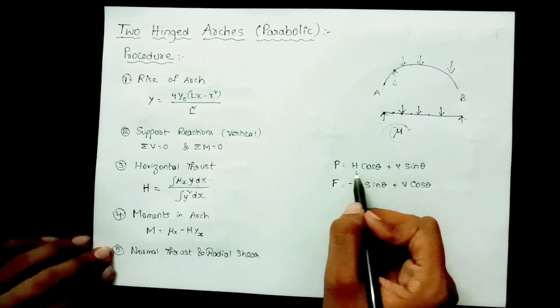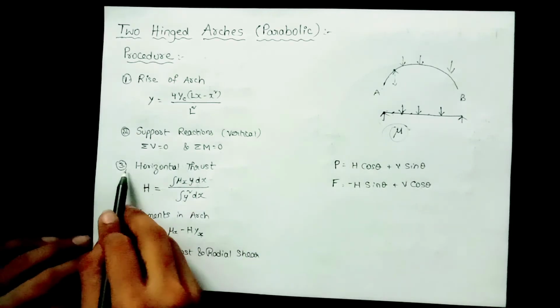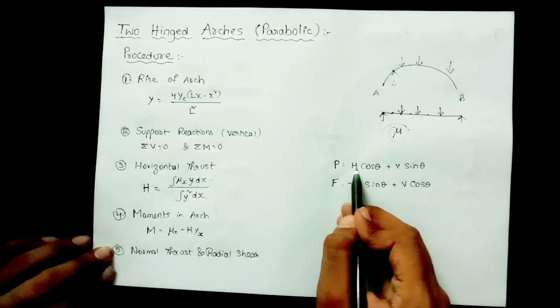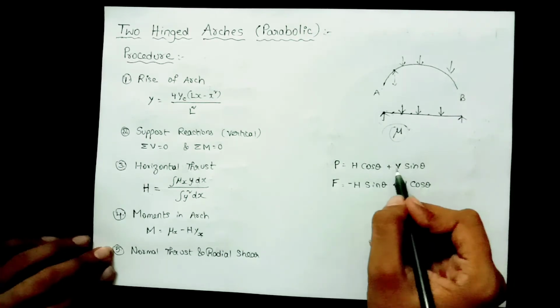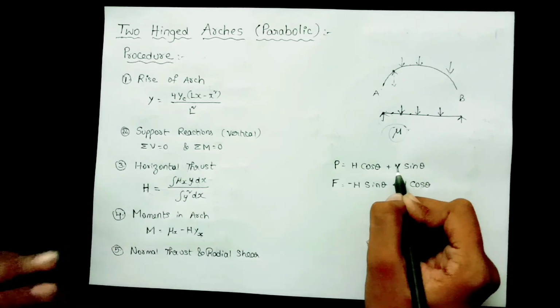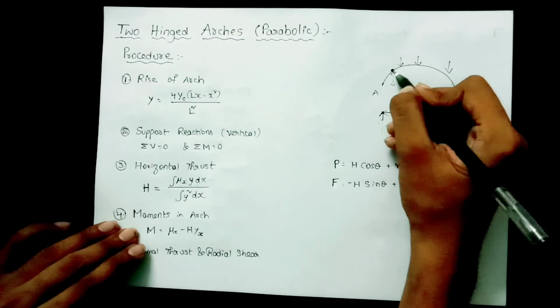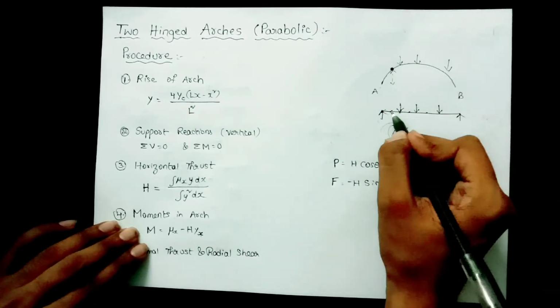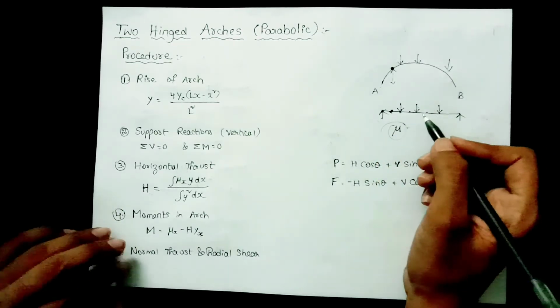In these two formulas, we know the value of H, which is the horizontal thrust obtained from the third step. Coming to the value of V, this is nothing but the shear at the point where we are calculating the normal thrust. For example, if you want to calculate the normal thrust at this point, consider the same point on the beam, and at this point we have to calculate the shear force.